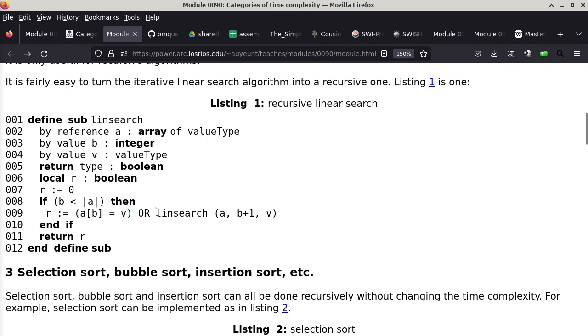So in this case, we have a recursive call. And when you look at the recursive call, it has the same array A. It has the same value that we are looking for. But where we start looking is b plus 1 now. So it does the same thing as a typical iterative linear search, except it is done by recursion.